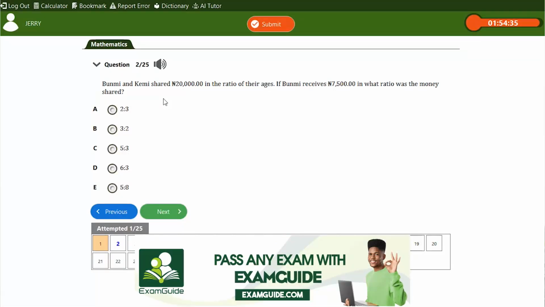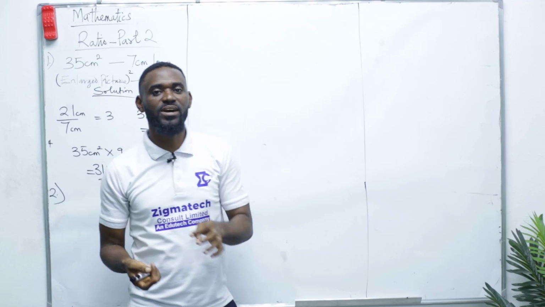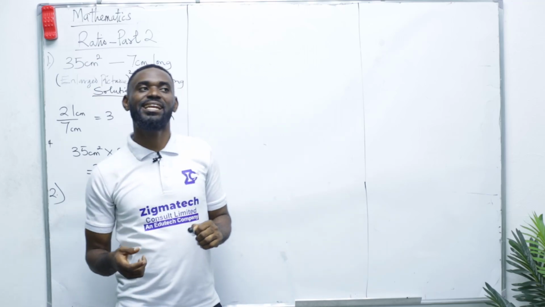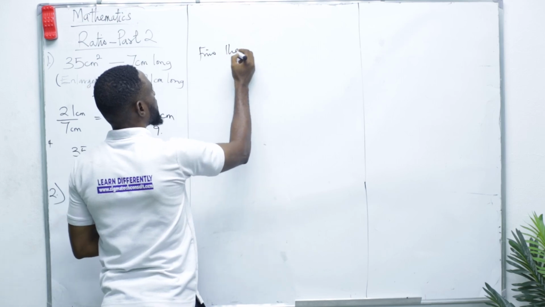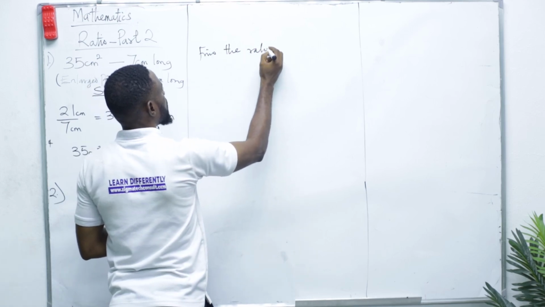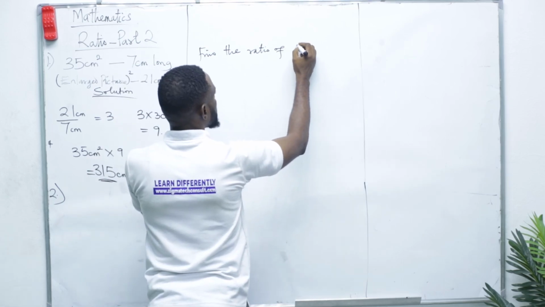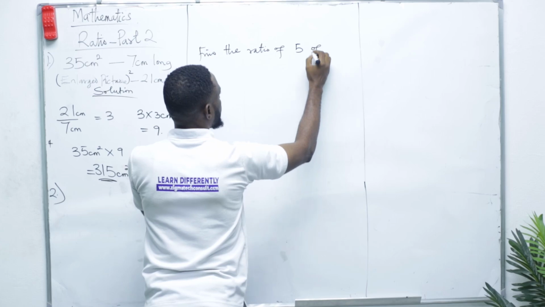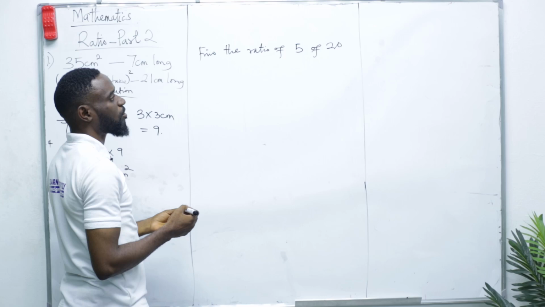You know, when we started the introductory part of this ratio, we saw that we can find the ratio of 2 numbers. Do you understand? Like they can ask us to find the ratio of, let's say, 5 of 20.